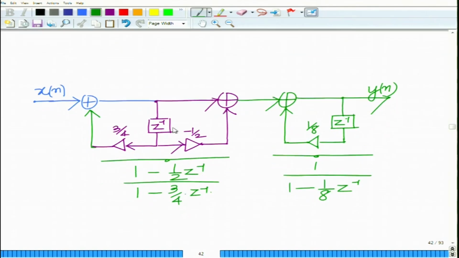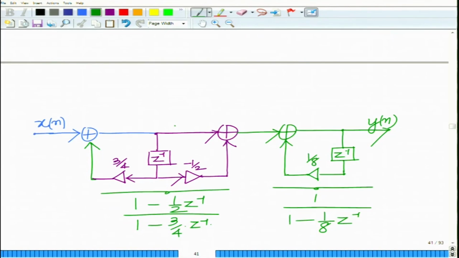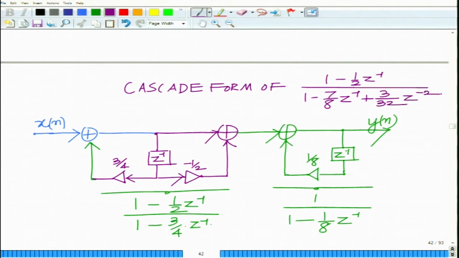All right. So, that is what we have. This is the example of the cascade form. So, cascade form, this is your cascade of the example, that is basically which is 1 minus half Z inverse over 1 minus 7 by 8 Z inverse plus 3 by 32 Z raised to minus 2.